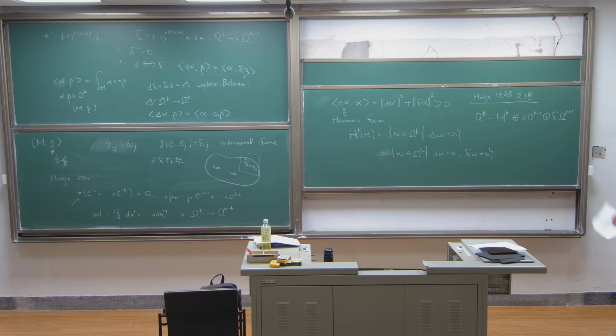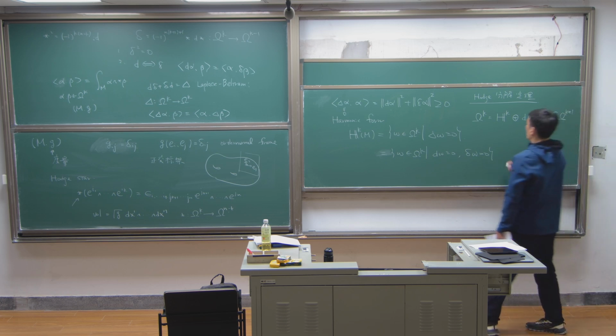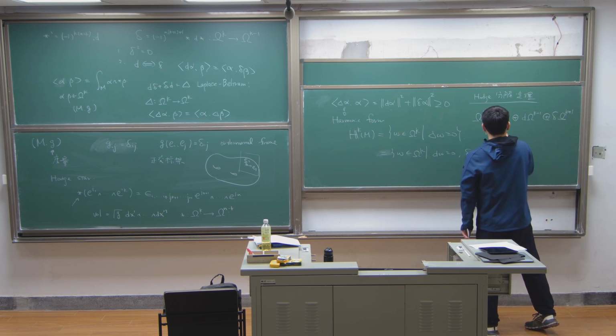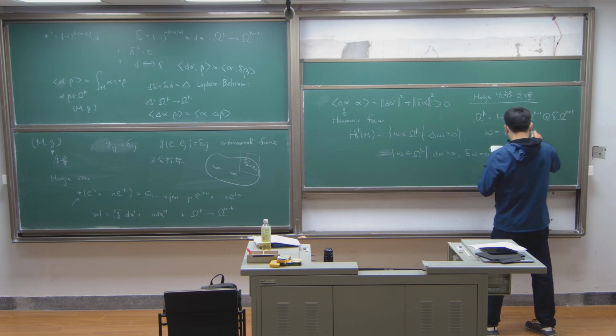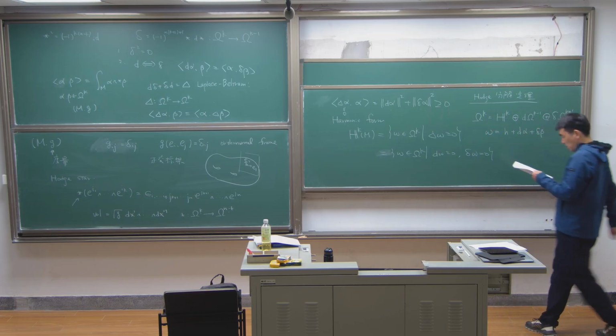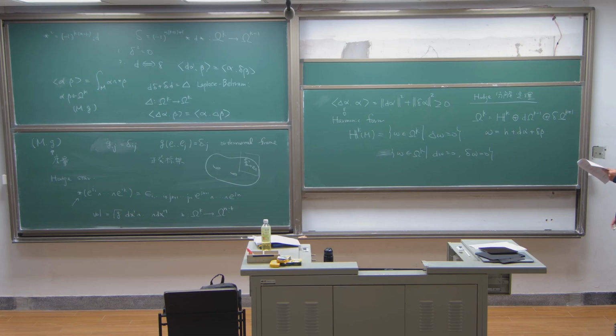Hodge decomposition theorem. So any 微分形式 is h plus d alpha plus delta beta. Okay. Can be written like this.